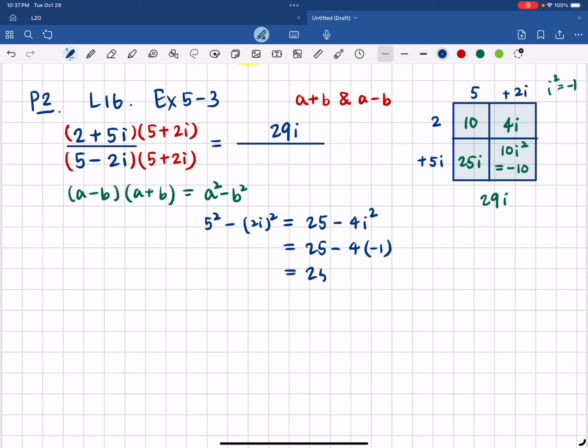And that can be simplified to 25 plus 4. And that is 29. Let's put that on the bottom. So we have 29i divided by 29. 29 is a common factor, so you could cross it out. And the final answer is i. And that will be the final solution.